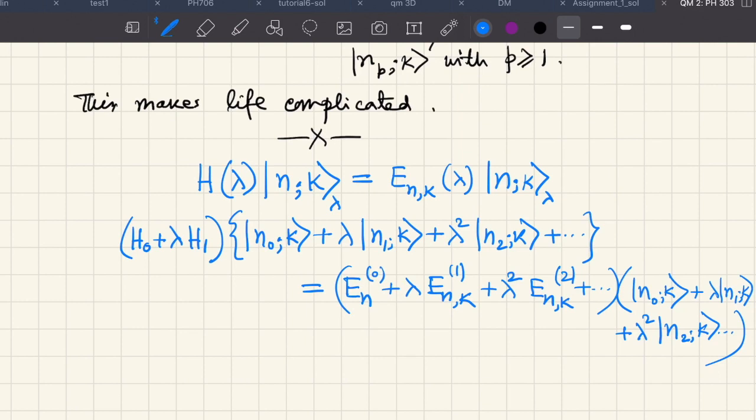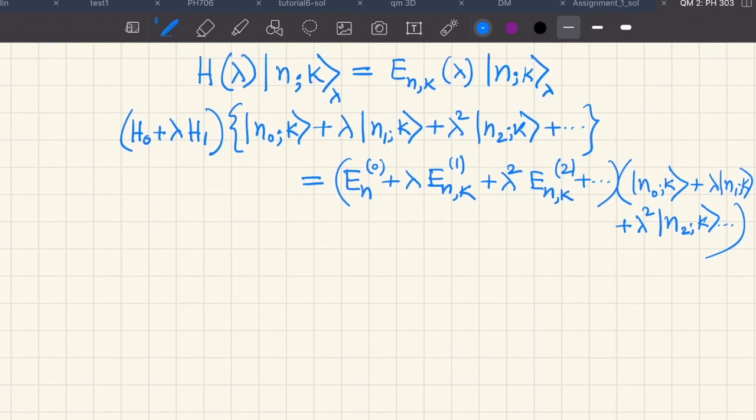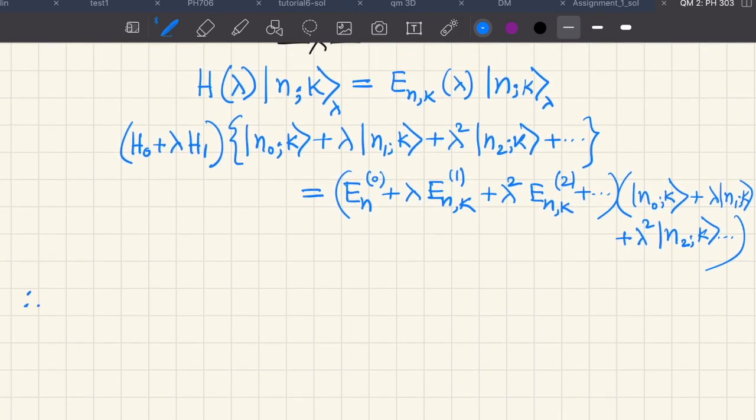All the arguments that we had given in the previous case of non-degenerate perturbation theory hold here also. We will just equate the coefficients of different powers of lambda, because this is going to give us a polynomial equation, and if the polynomial is equated with 0, then each coefficient of different powers of lambda should be separately 0. Therefore, if we now look at the powers of lambda to the power 0 from this equation, you can see that H0 acting on n0k is going to give us En0 times n0k.